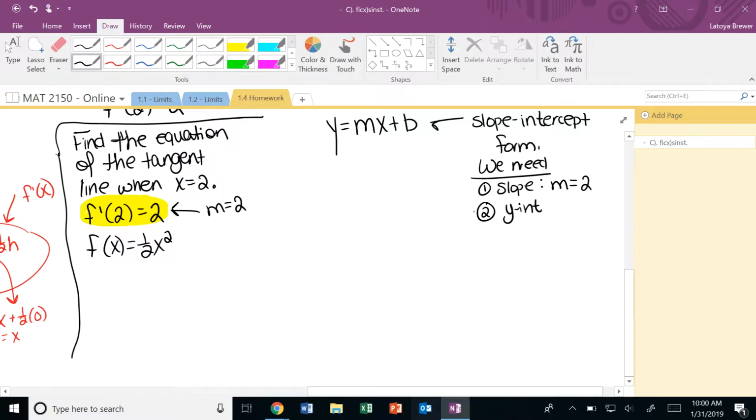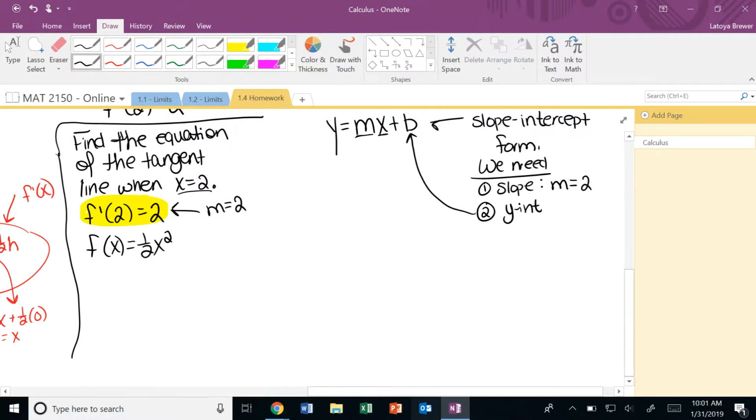The only other thing I need to find is that y-intercept. And I can find that really easily because I already have my slope, right? I have an x value, of course, x equals 2. And I can very easily find what my y value is when x is equal to 2. So what I'm going to do is take everything I know and substitute it into that equation, and the only unknown that I'll be left with is b.